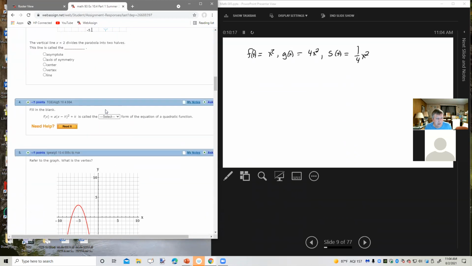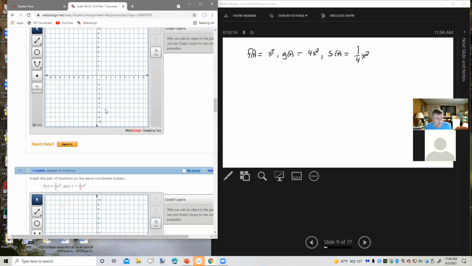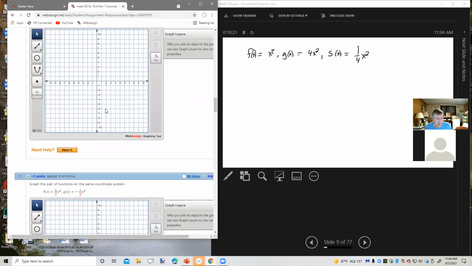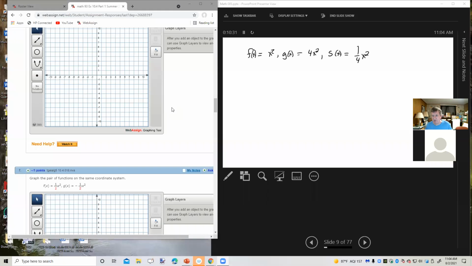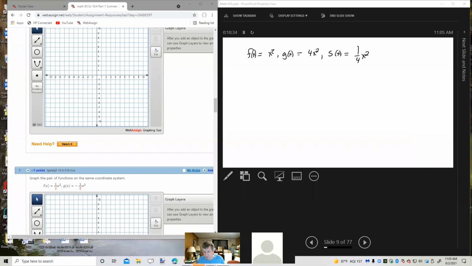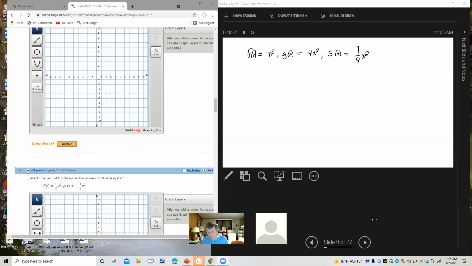Okay, can you now see the WebAssign screen over on the left and the whiteboard screen on the right? Yes. Okay, super. So we're supposed to graph all 3 of these.